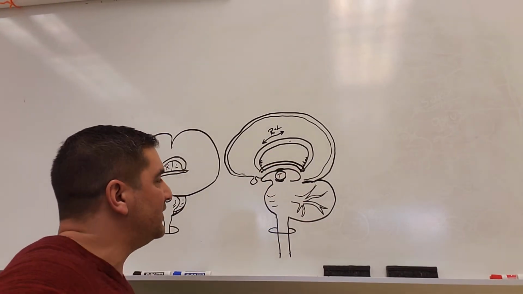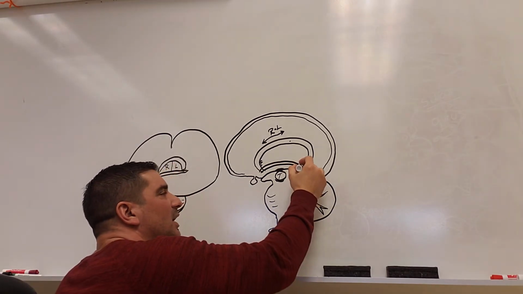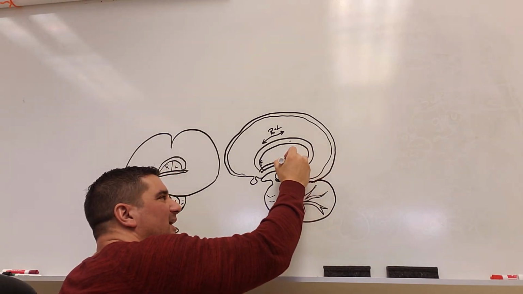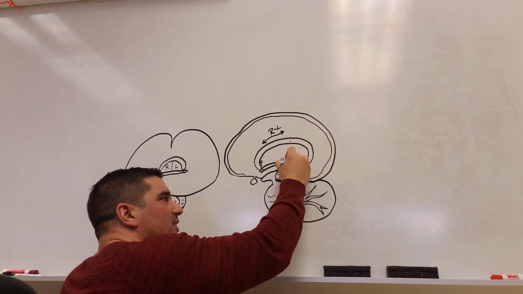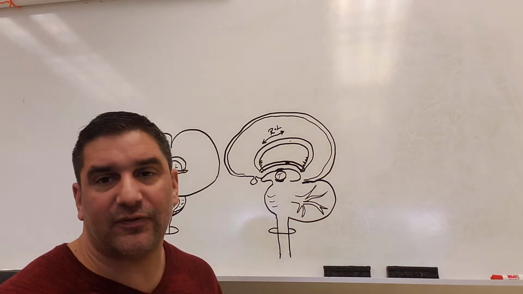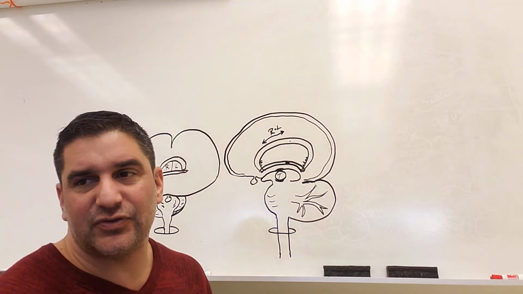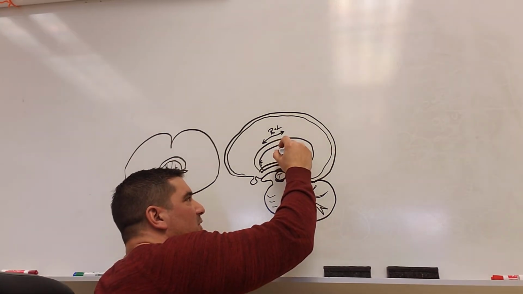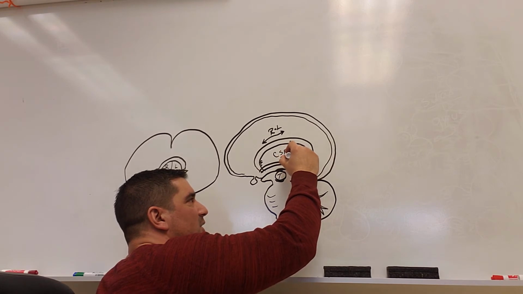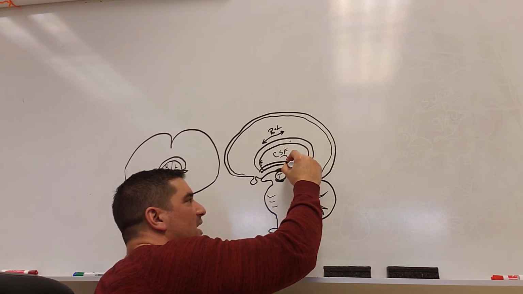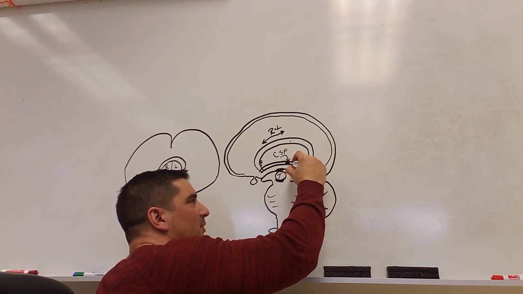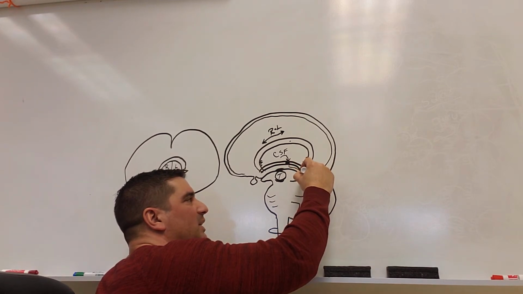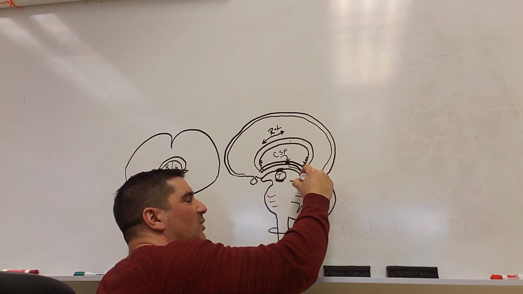And if that happens, oftentimes it happens right in here. There is a little hole, and it's called the interventricular foramen. What that hole does is allow cerebral spinal fluid to go through the interventricular foramen, and then it moves along something called the cerebral aqueduct.